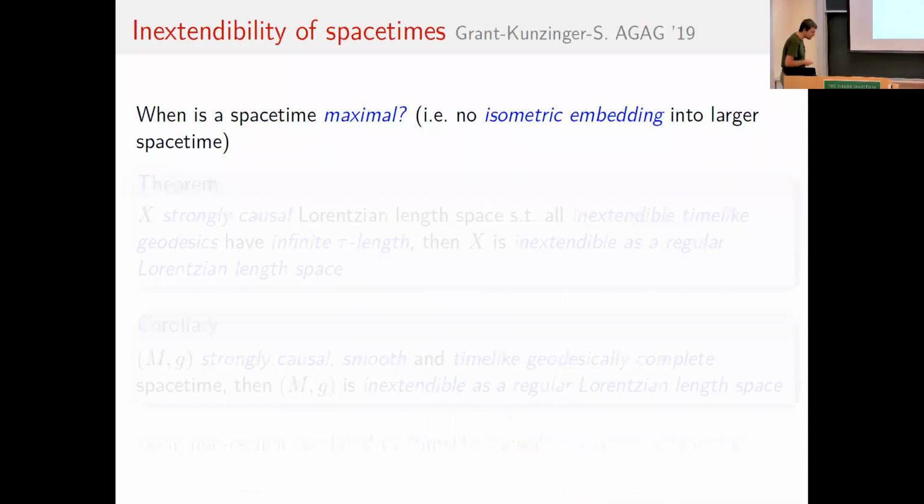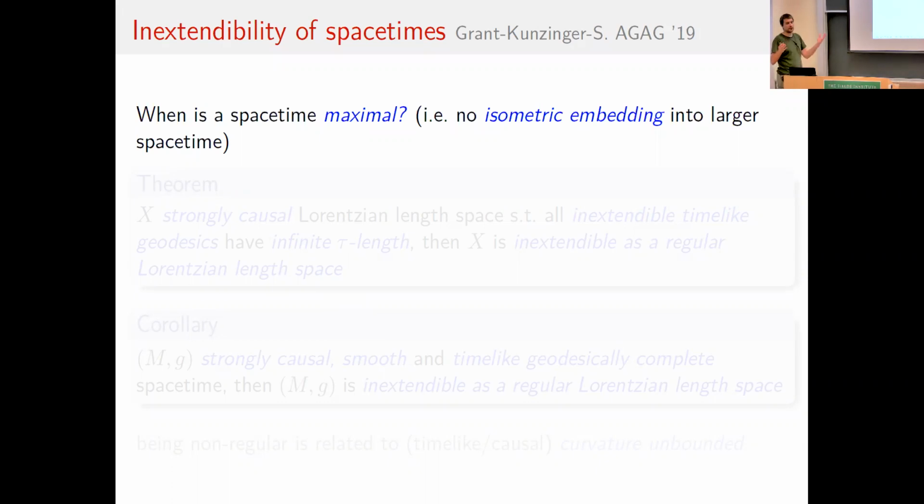Okay, so then we can apply this to the question of inextendability of spacetimes. This is a fundamental question in relativity. When is a spacetime maximal? When can you not embed it isometrically into a larger one? This is connected to the definition of singularity in general relativity. For example, Penrose defines a singularity as the existence of an incomplete causal geodesic.